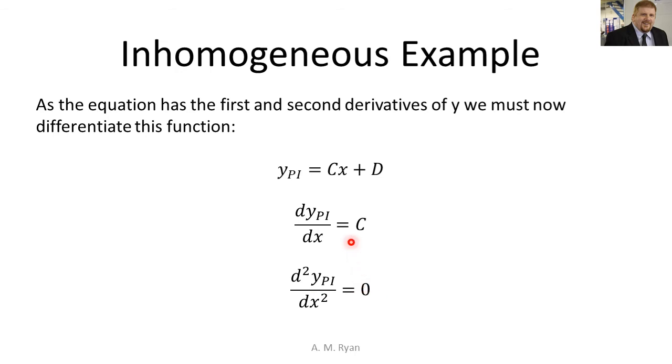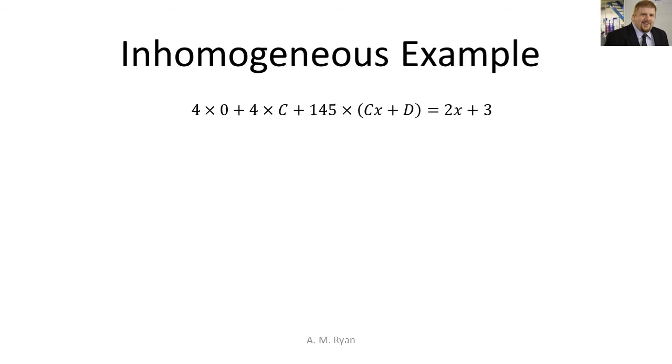We take these values that our guess has told us and put them straight into the equation. So what we have is 4d squared y dx squared, which is 0, plus 4 dy dx, which is c, plus 145 times y, which is cx plus d.